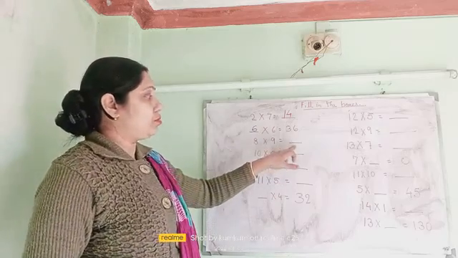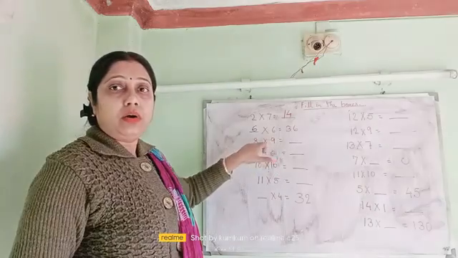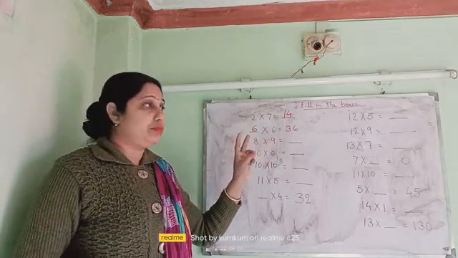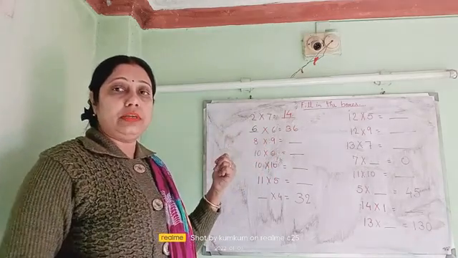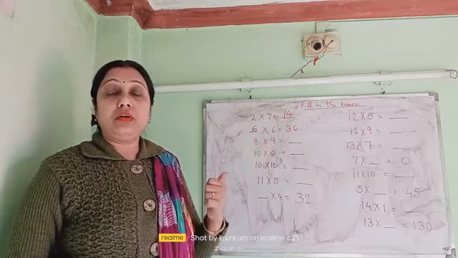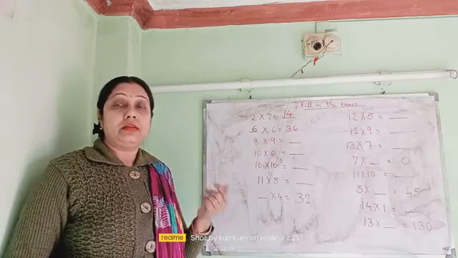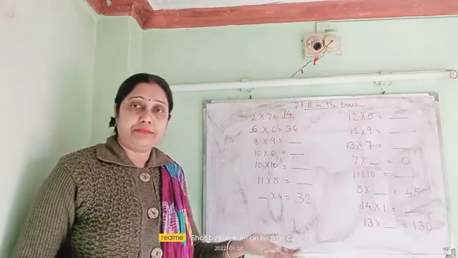Now see the next question, what I was telling. See, the blank is on your right side. So 8 multiplied by 9 or 9 multiplied by 8, both the answers will be the same. So either you read 8 into 9 or 9 into 8, whatever you feel is easy. So let us read the table of 9. We have to read the table of 9 up to 8. So if you can understand easily, 9 fives are 45.